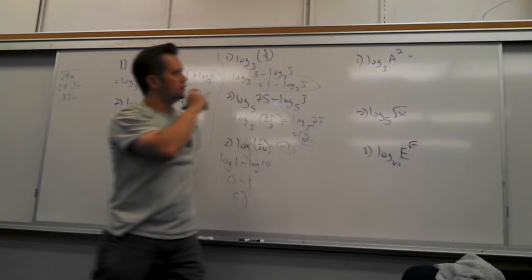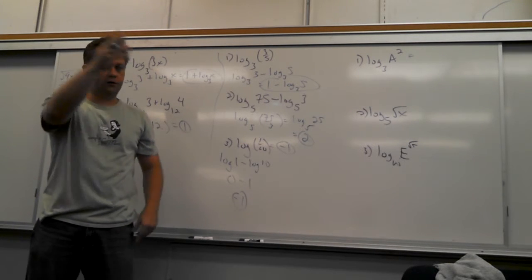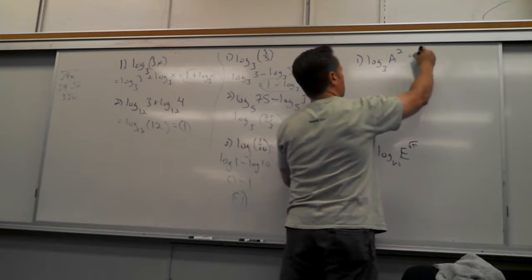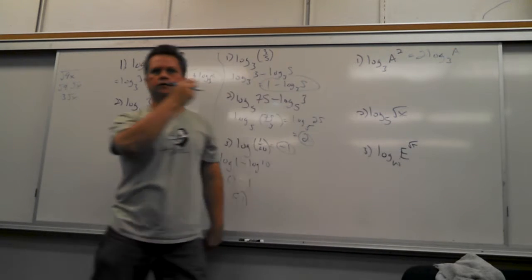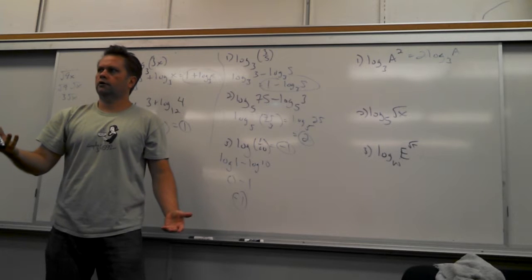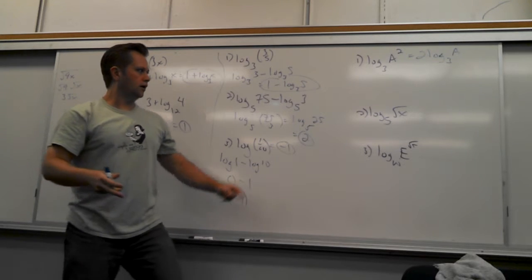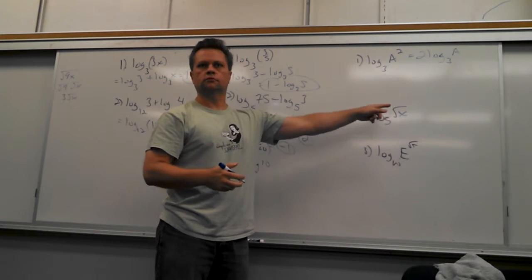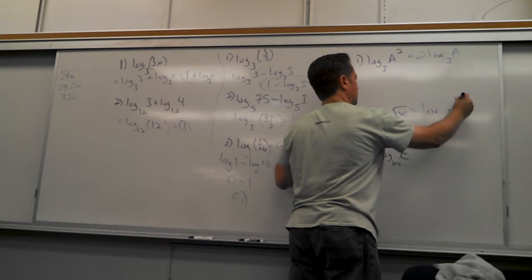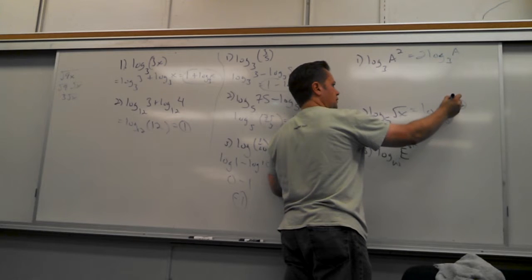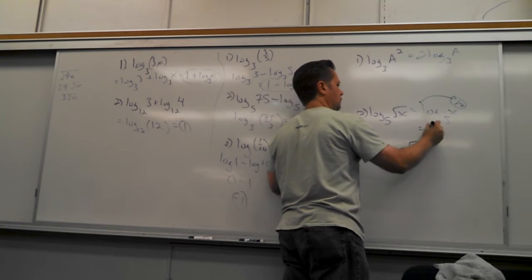All right, so what happens here? Yeah, the 2 comes down. I can't do anything else because 3 and A are not, as far as I know, related. What do I do on this second one? 1/2. Yeah, I've got to rewrite this as x to the 1/2, and then this 1/2 can come down.